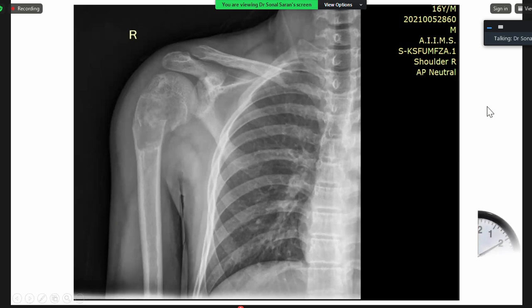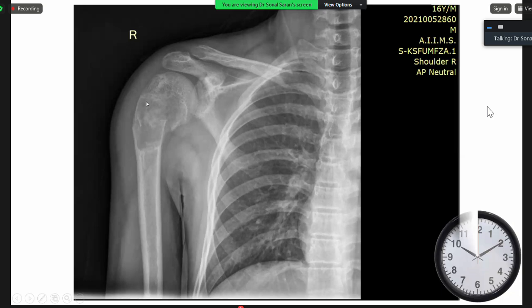So the patient is a 16-year-old male. So we have an osteolytic lesion in the proximal humeral metaphysis, which is the common location of simple bone cyst.